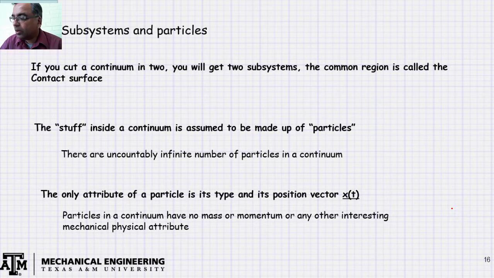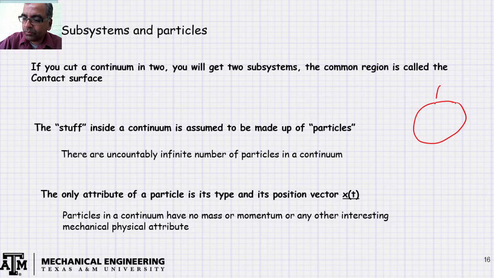Okay. So if you have a continuum, there's the lump. You can cut it into 2, and there will be a common region. This is called the contact surface. The common region when you cut things into 2, and now you have 2 separate continua, and these will be called sub-bodies. So this will be called body, and this will be called sub-body.